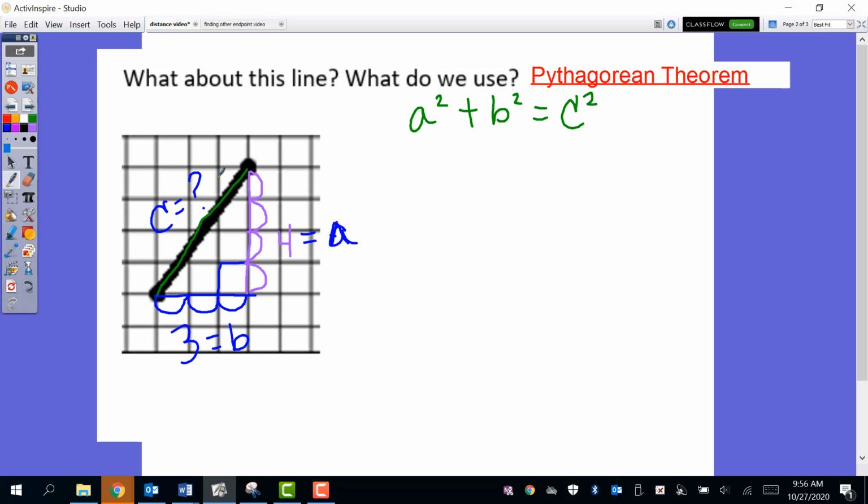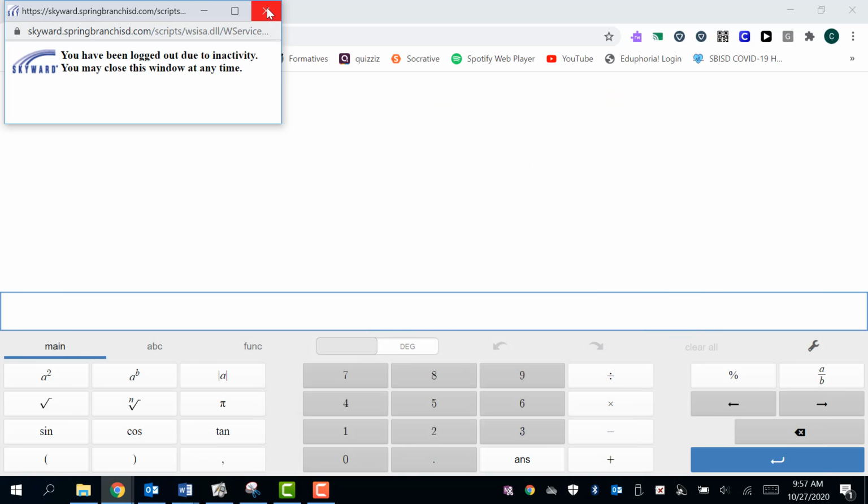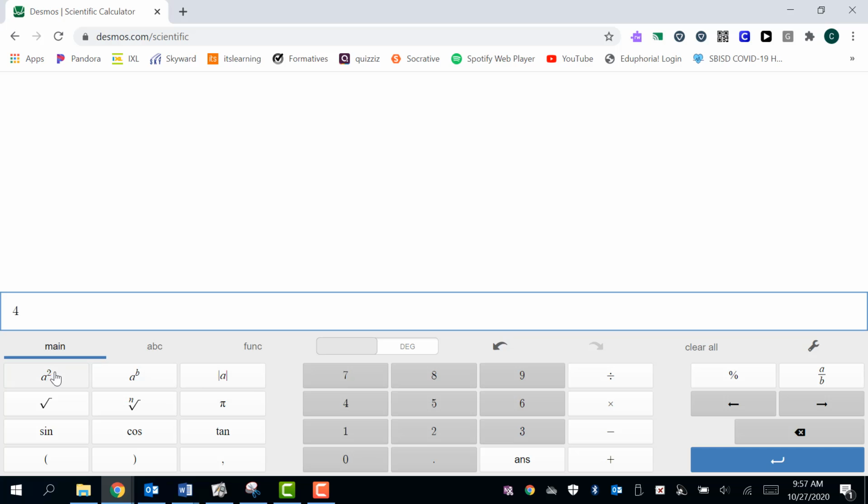So now let's plug it into the equation. A is 4 squared plus B is 3 squared, and then you write C squared because we need to find C. Then you type 4 squared plus 3 squared on the calculator. So we write 4 squared plus 3 squared, and you get 25.